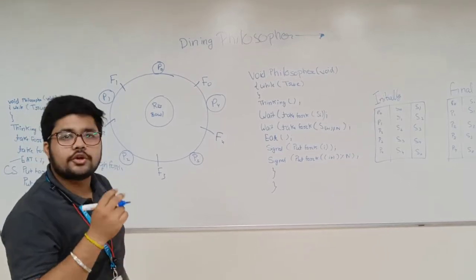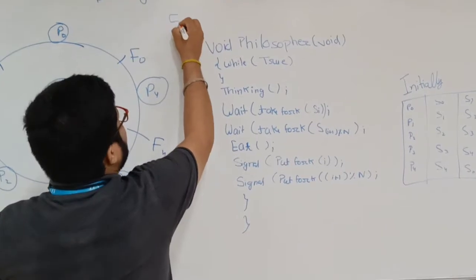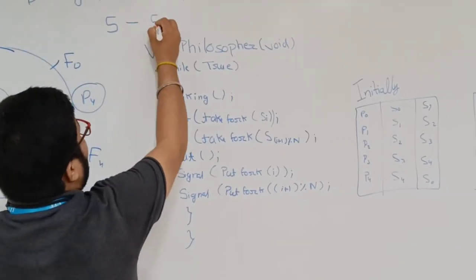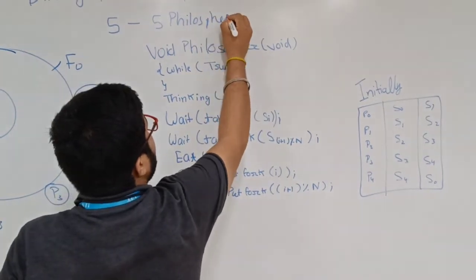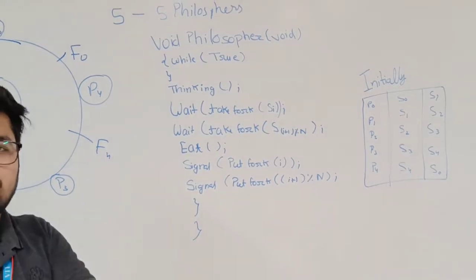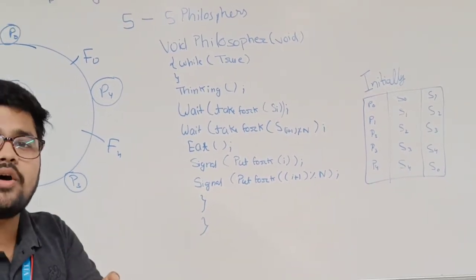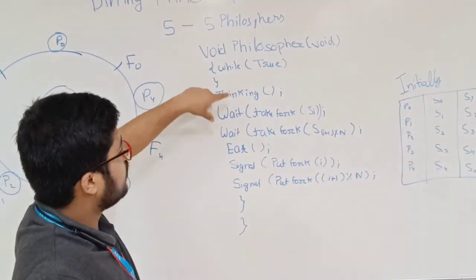So for that we introduce the concept of semaphores. Here we will take five semaphores for the five philosophers, which will be an array S0, S1, S2, S3, S4. This is an array of semaphores. Now we use the same pseudocode.